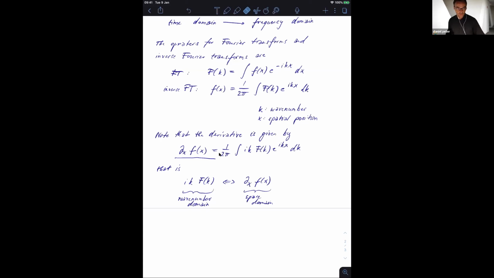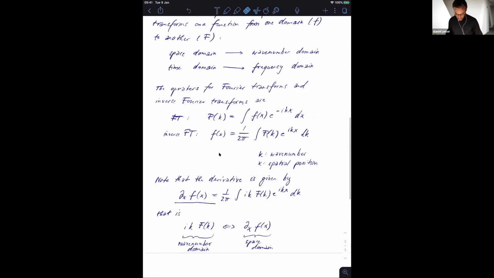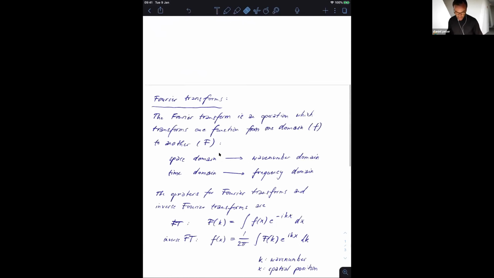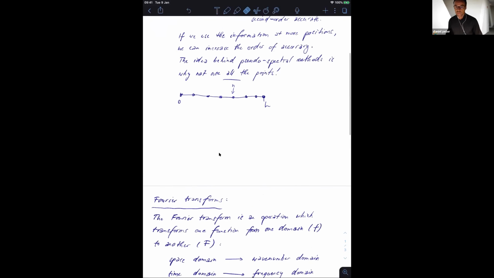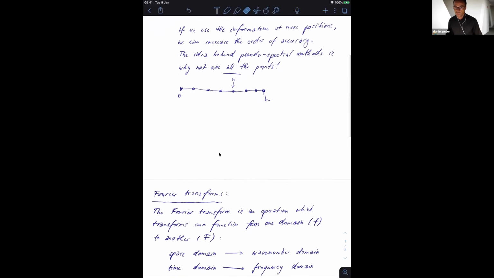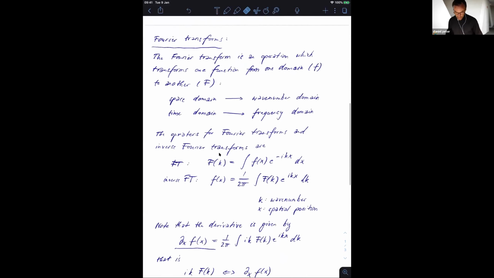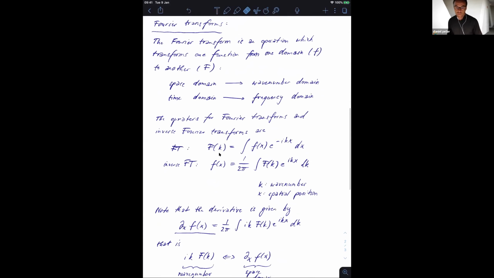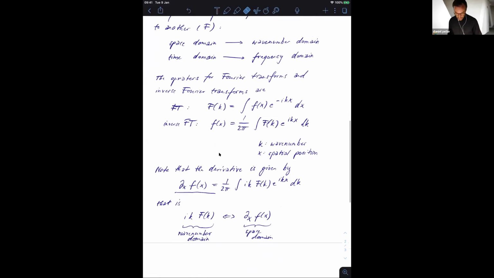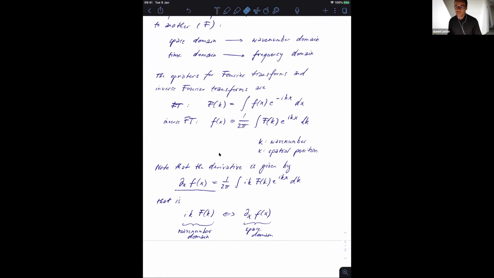But you see where the method is going, basically. The method, in order to achieve the highest accuracy, takes the information from all points. And in order to approximate the derivative, it goes into the wave number domain, where the derivative is mathematically done exact by multiplying with ik.